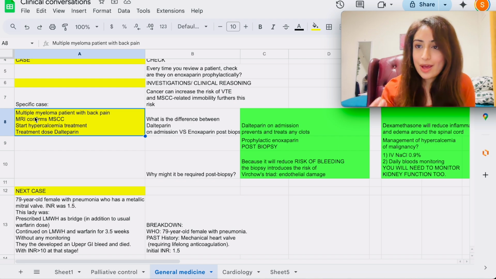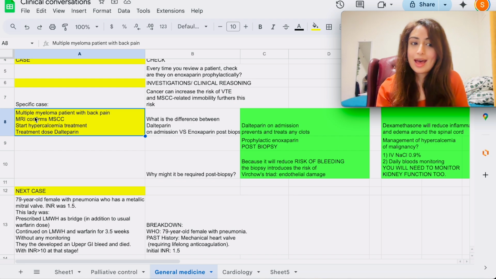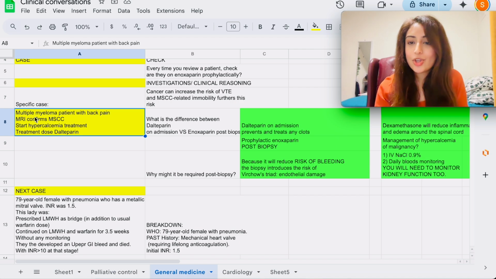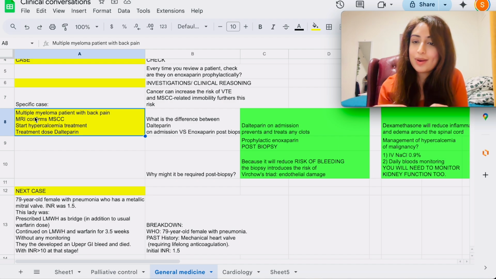We have something called Virchow's triad, which you can remember with the SHE mnemonic. S for stasis, anybody who's prolonged immobilized, H for hypercoagulability, E for endothelial damage. Any of these things can be triggered in a patient. Stasis can be triggered by someone who's immobilized for a long period of time.